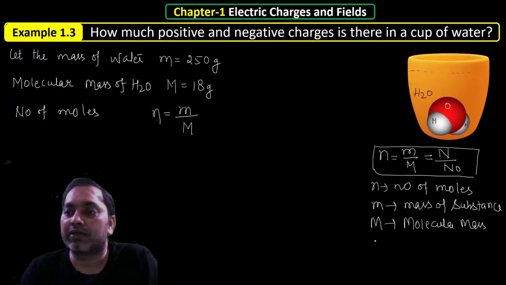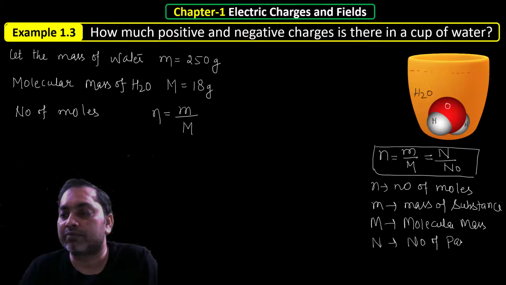Here N is the number of particles, which can be atoms or molecules, and N naught is the Avogadro number, which is equal to 6.02 into 10 raised to the power 23. This is the Avogadro number.